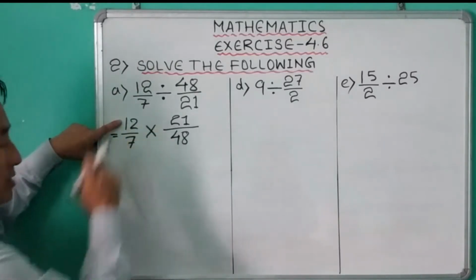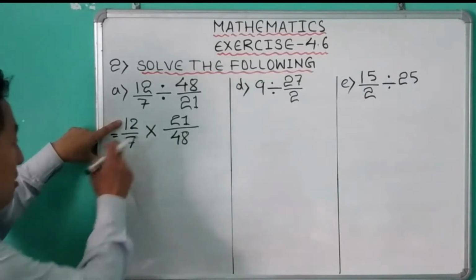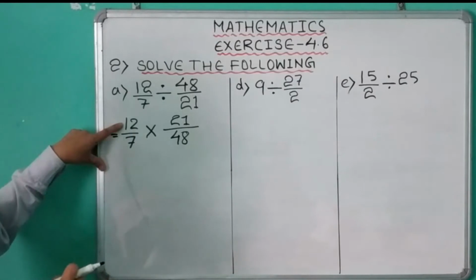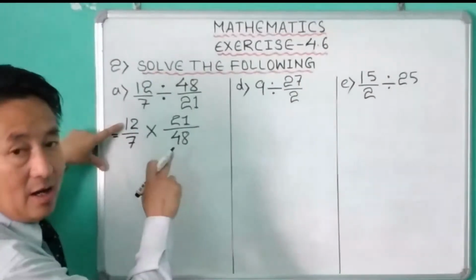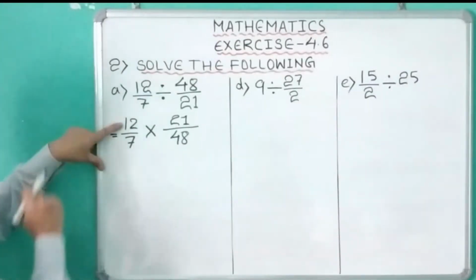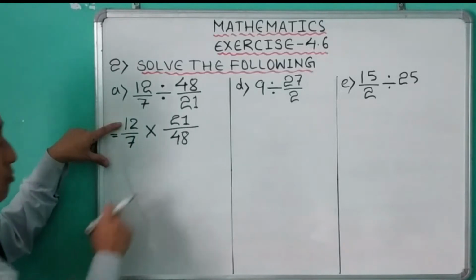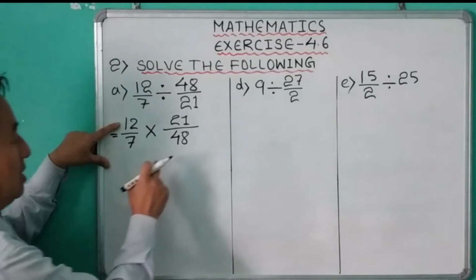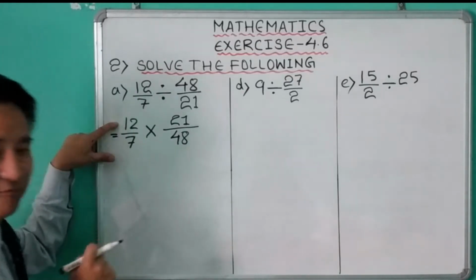Both of these are even numbers. Both of these are divisible by 2. 3 fours are 12, 3 sixteens are 48. Now after that, 4 threes are 12, 4 twelves are 48, 6 twos are 12, 6 eights are 48. Now next, 12 ones are 12, 12 fours are 48.